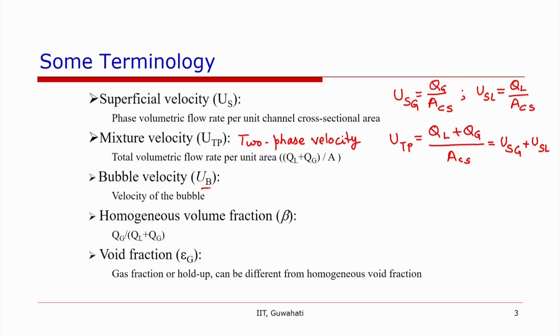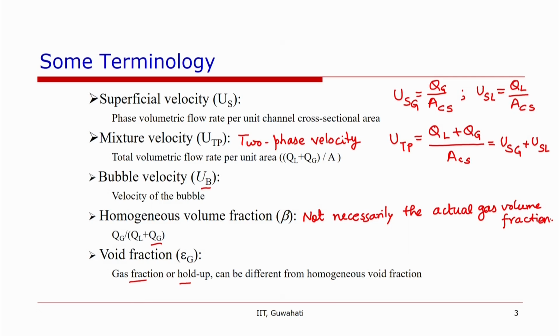Then homogeneous volume fraction and void fraction, or gas fraction or gas holdup. There are two terms here which represent the volume fraction of gas. So the first term is not necessarily the actual gas volume fraction.